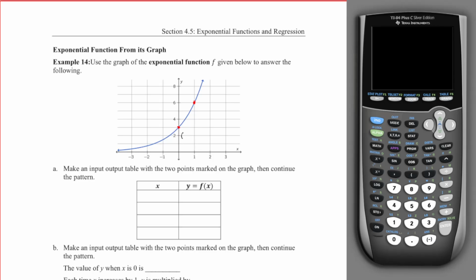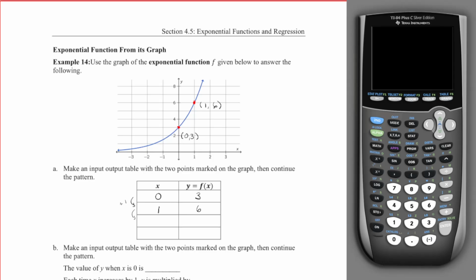Looking at this graph, this is the point (0, 3), and this is the point (1, 6). So when x is 0, y is 3. When x is 1, y is 6.